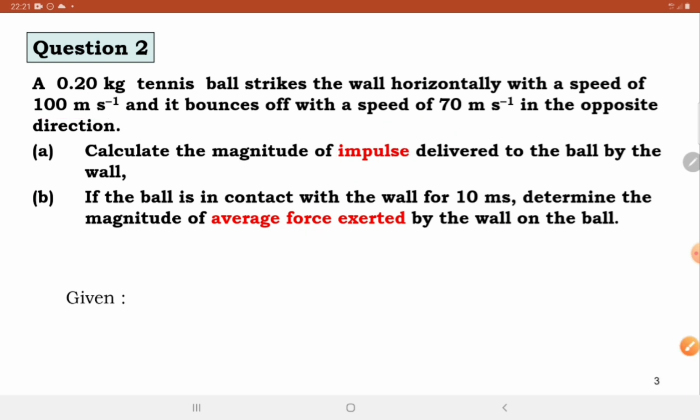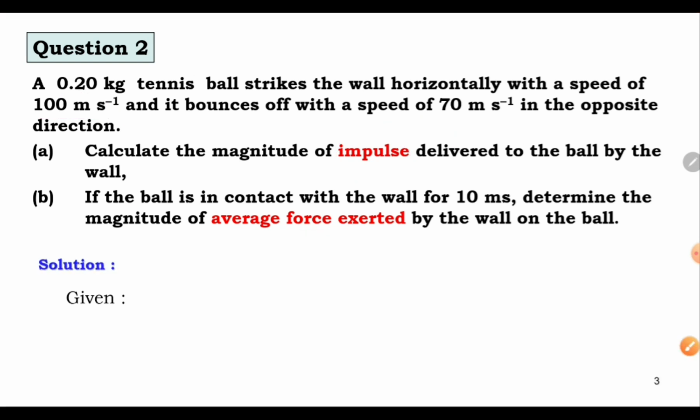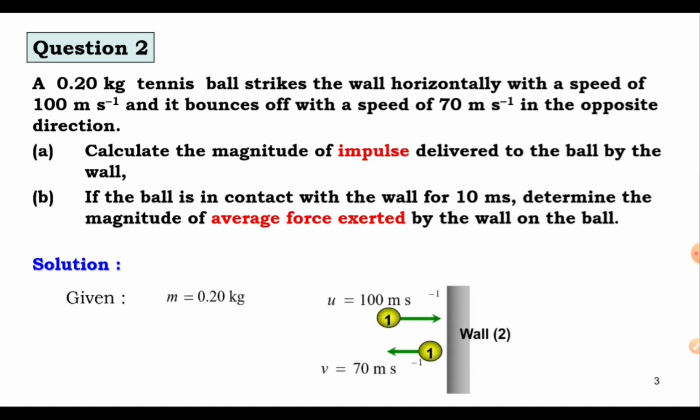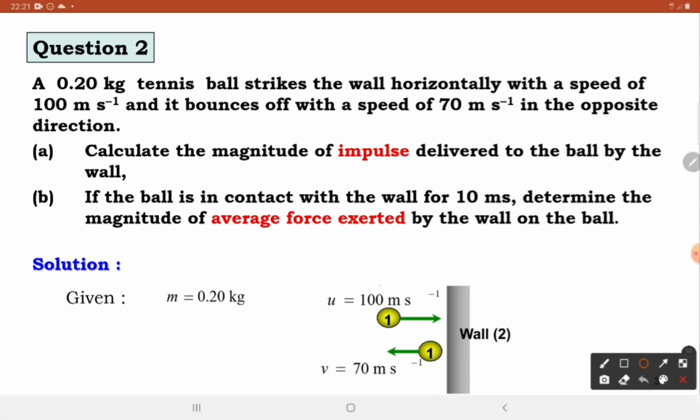Before we solve both A and B, we picture the situation by drawing a diagram first. The initial velocity of the tennis ball moving to the wall is 100 meters per second, a positive value.